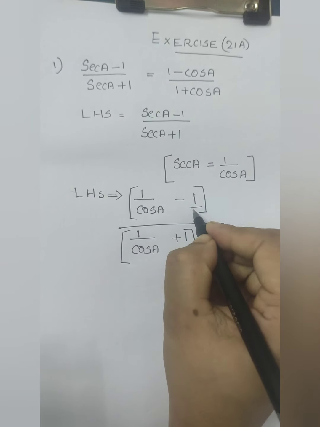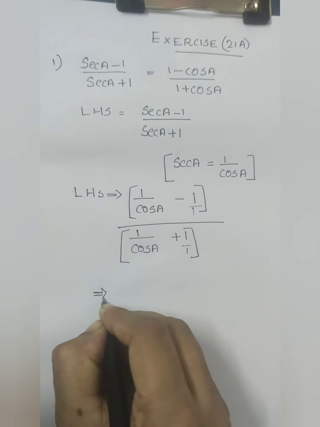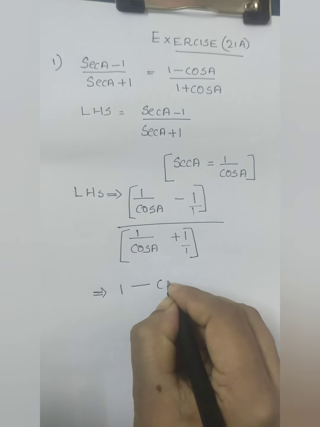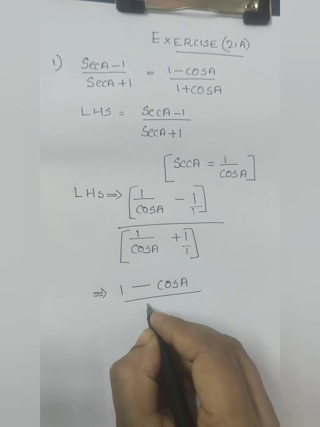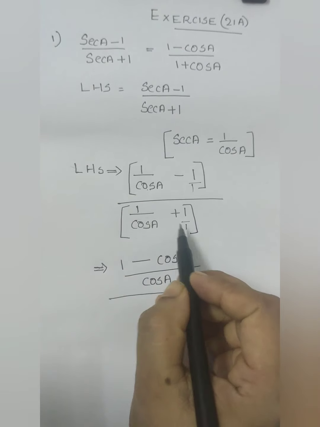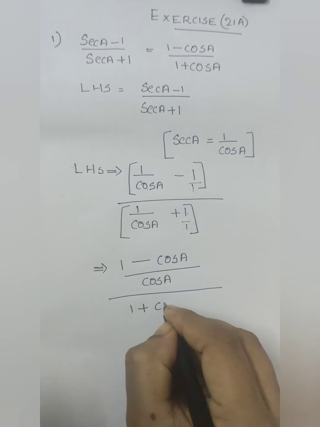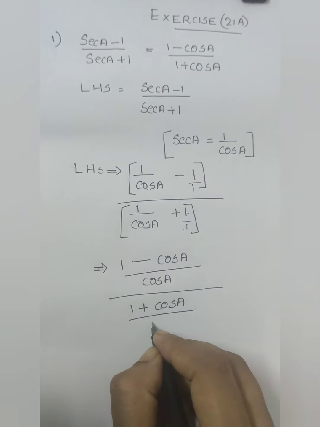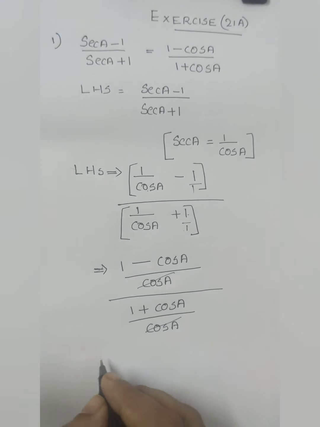So here 1 equals 1 by 1, here also 1 by 1, cross multiplication. So we will get 1 into 1, 1 minus 1 into cos A, divided by cos A into 1, that is cos A, whole divided by 1 into 1, 1 plus 1 into cos A, equal to cos A divided by cos A into 1, cos A. So here cos A gets cancelled.